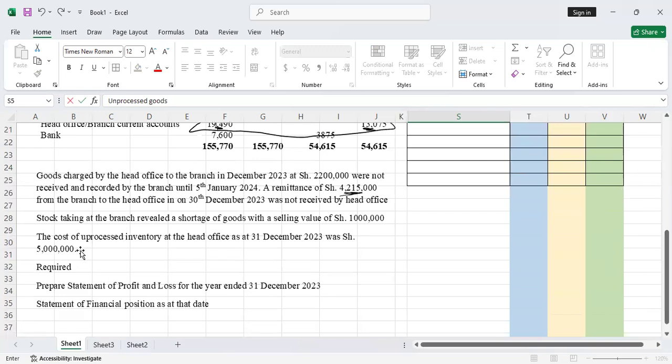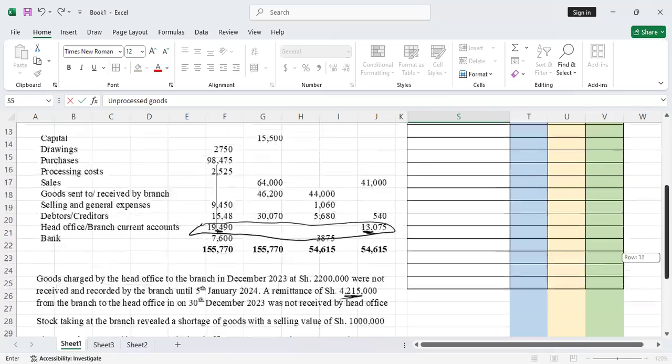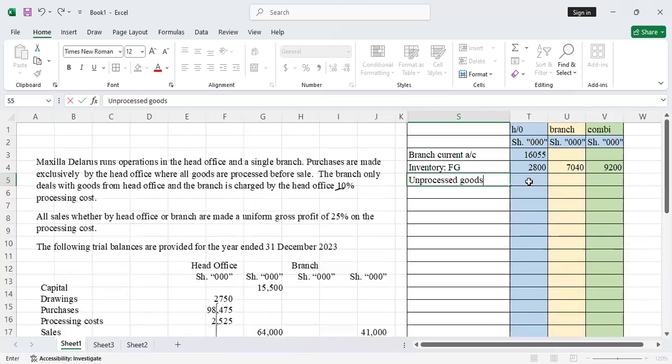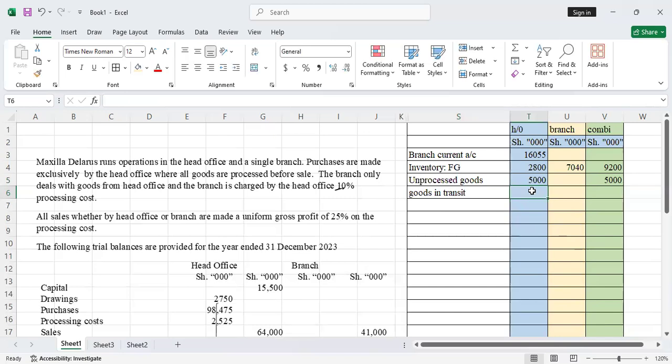The last note, the unprocessed goods, 5,000. This will be the case for the head office and the combined business. Goods in transit. The head office has dispatched goods at 2,200. The combined business should recognize that much.